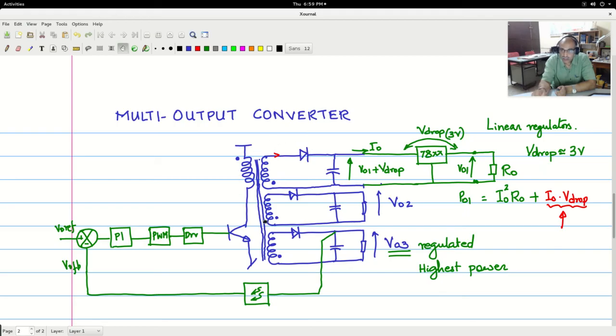And in fact I have put up, in last week's material, an example of the flyback with multi-output. You can now study that in the context of what we have just discussed. So this is one method in which you address the regulation of all the outputs of a multi-output converter.